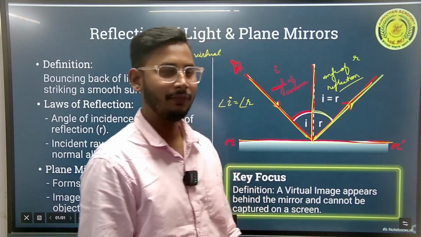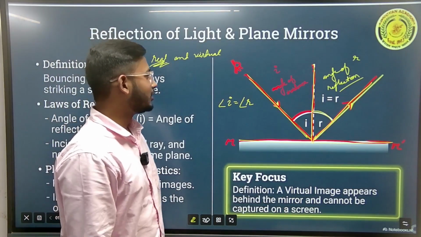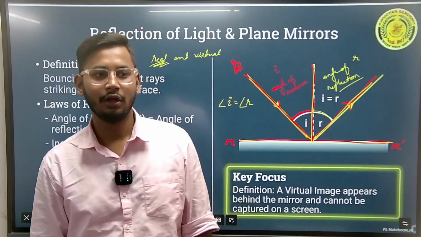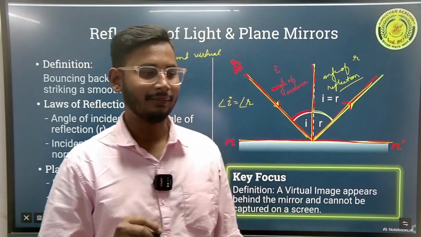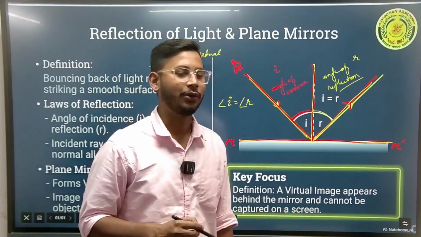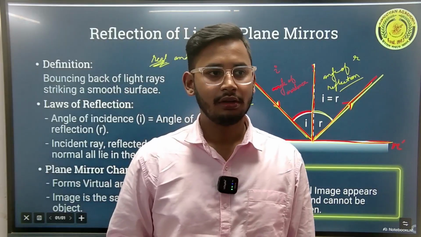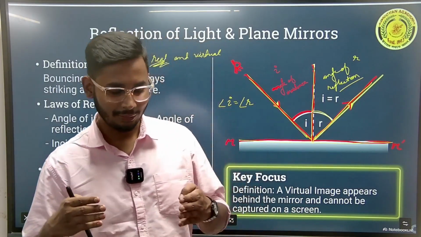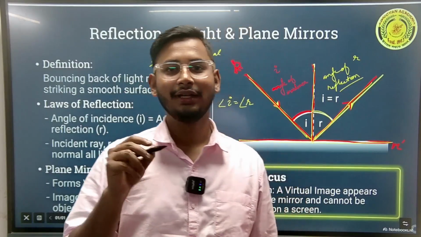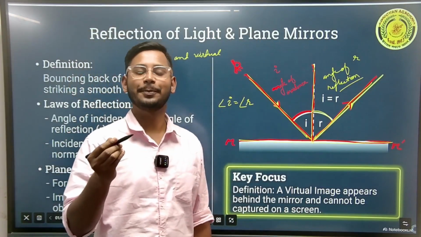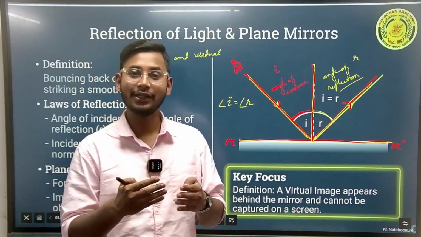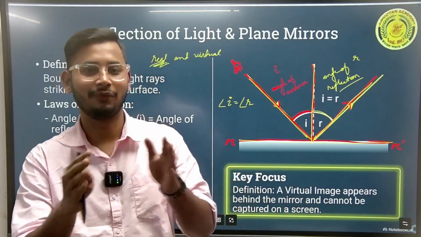And the image which is not actually real is one where the rays after reflection do not really coincide. They appear to coincide, but they are not coinciding in a real form.